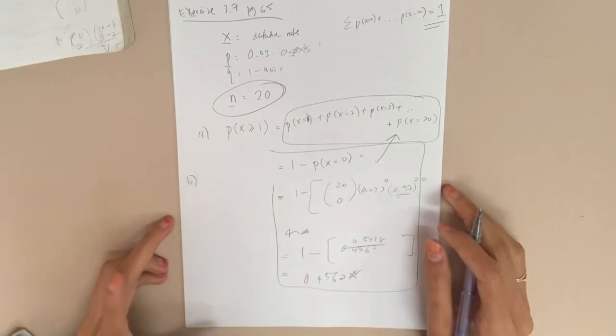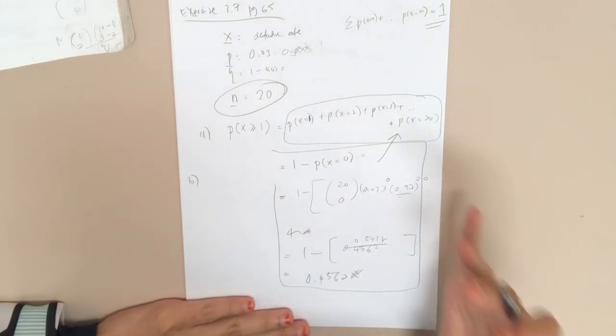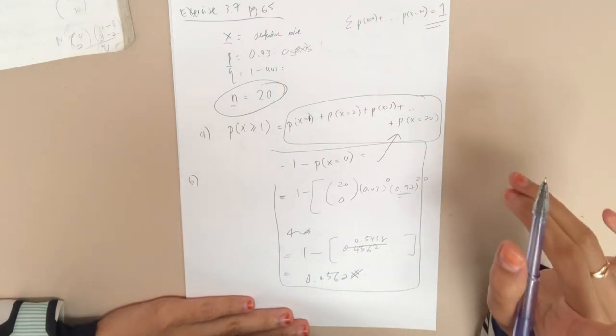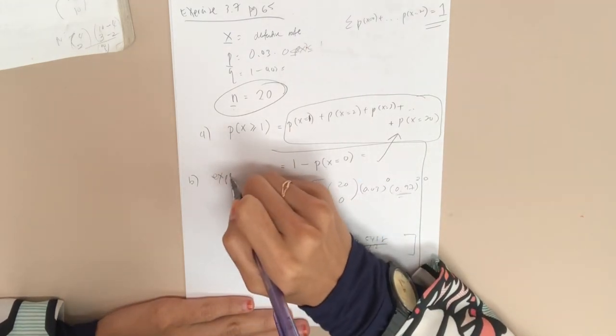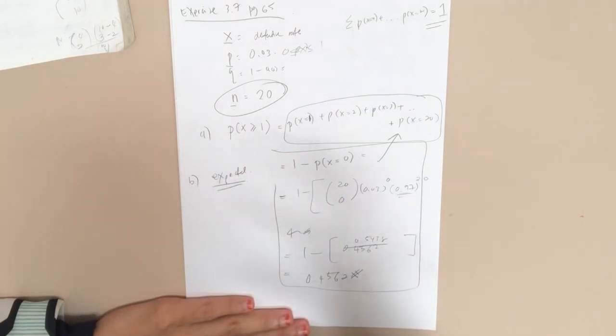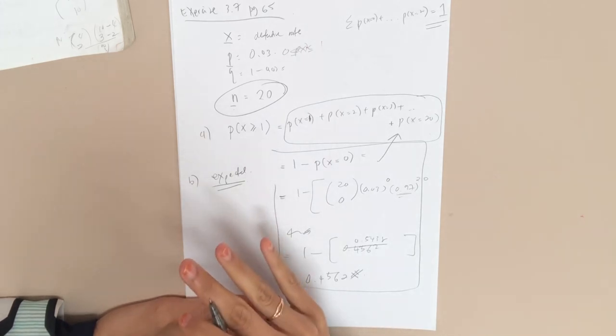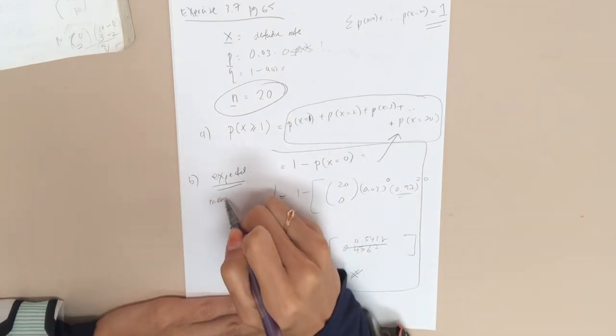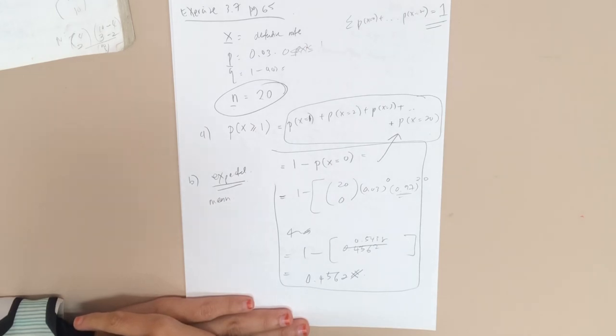Okay, B. How many defective items are expected from this shipment? Class, the keyword here is expected. Expected means expected value. What is expected value? I already mentioned it in the previous video. Expected value is also known as mean.